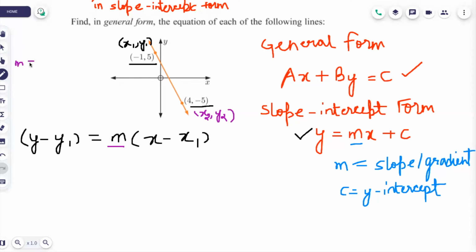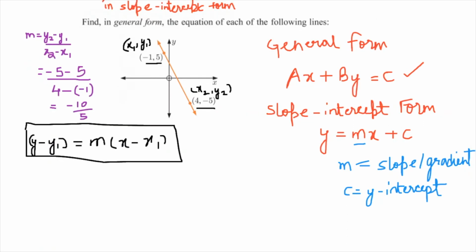M will be y2 minus y1 upon x2 minus x1. So for finding the gradient, I have done y2 minus y1 upon x2 minus x1, and I got minus 2 as my value of m.